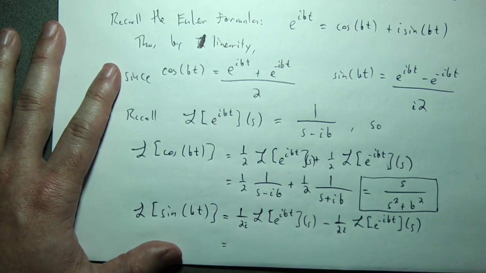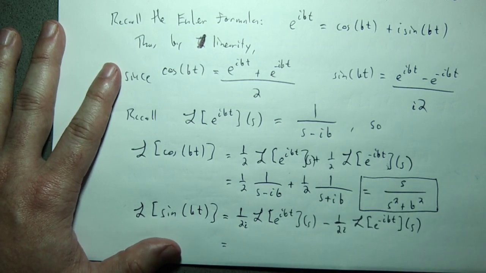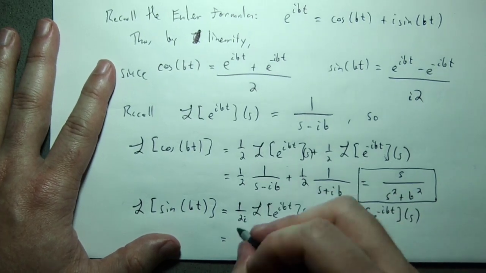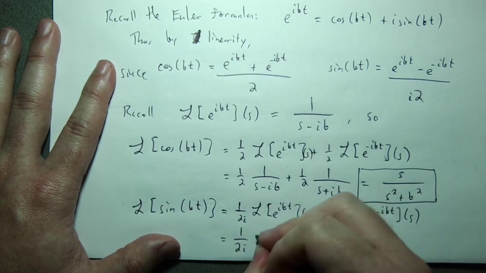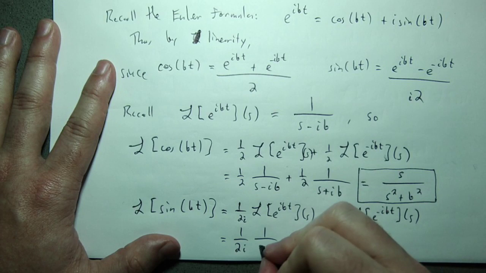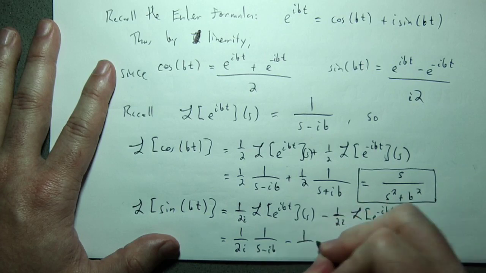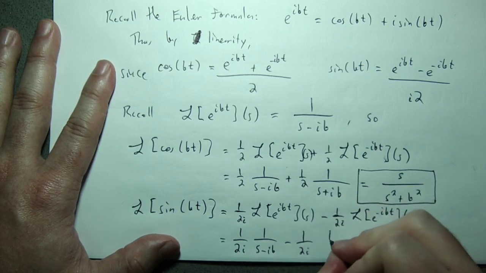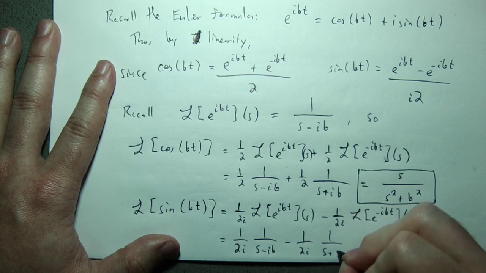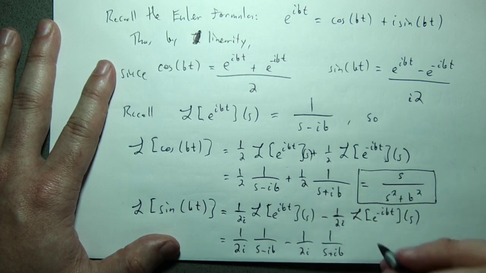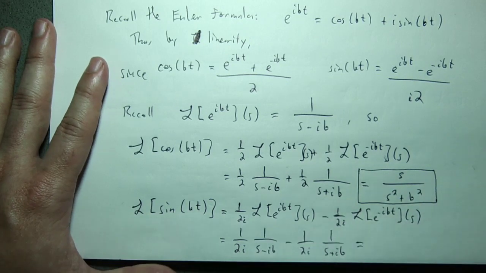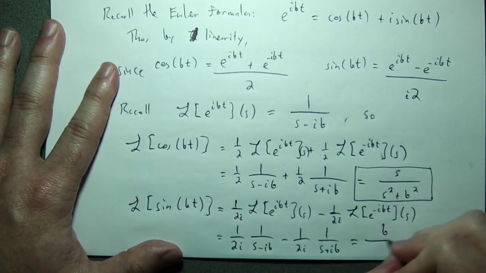Again, with some complex arithmetic, this is 1 over 2i times 1 over s minus ib minus 1 over 2i times 1 over s plus ib. And it turns out that if you go through all of that, this is b over s squared plus b squared.